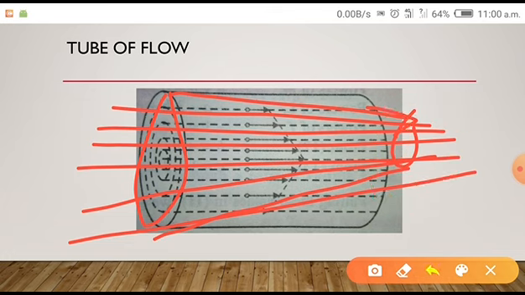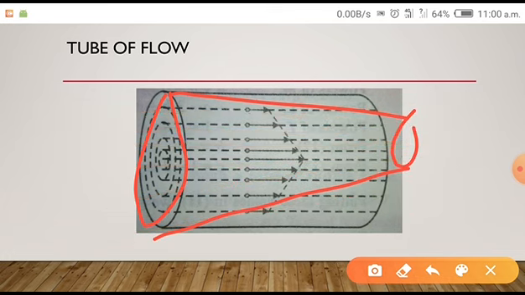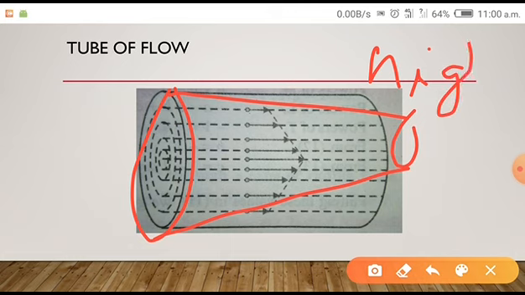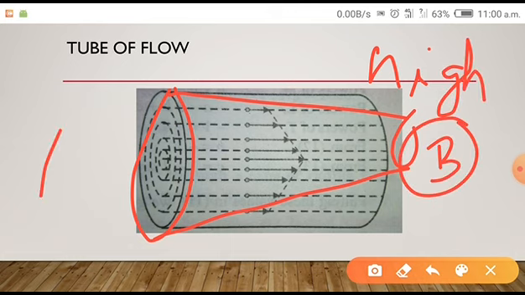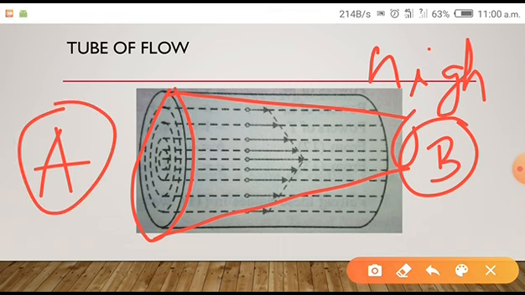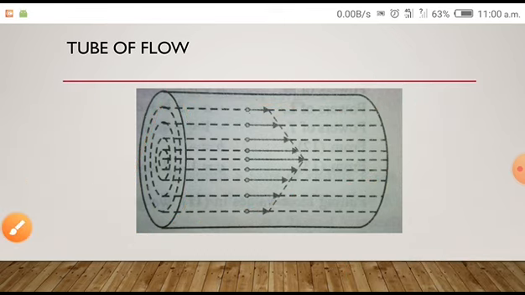This represents that the body will have high velocity at this point. Suppose the point is B, it will have high velocity, and at point A it will have less flow. So this is the characteristic of streamline flow.